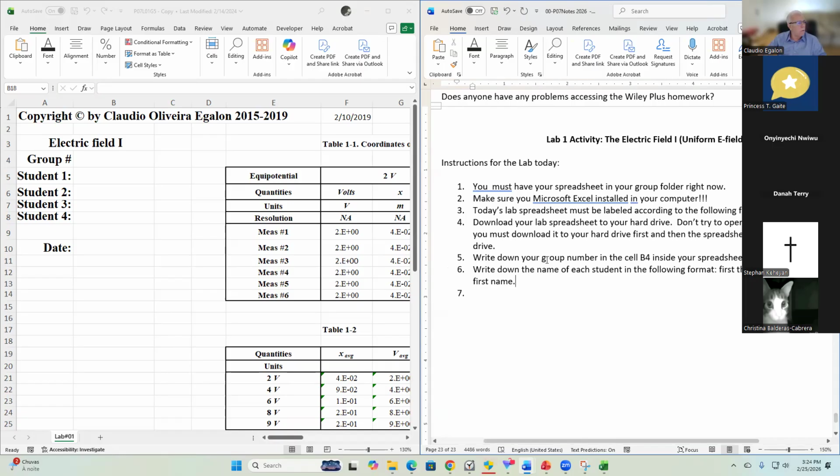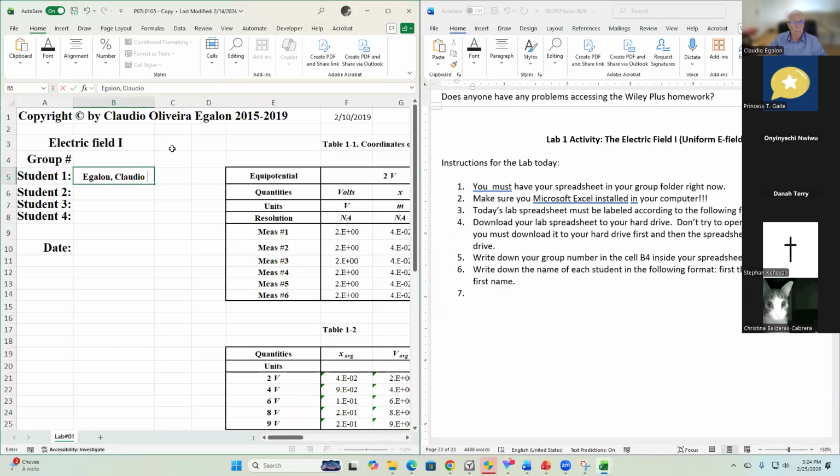In my case, if I were a student, I would write Egalon, comma, Claudio. Family name, comma, first name. Every group has a second student, and the second student should write her name there as well.